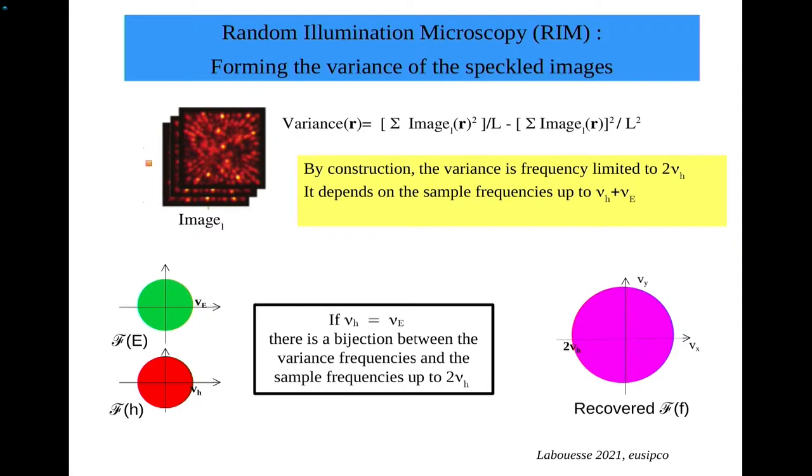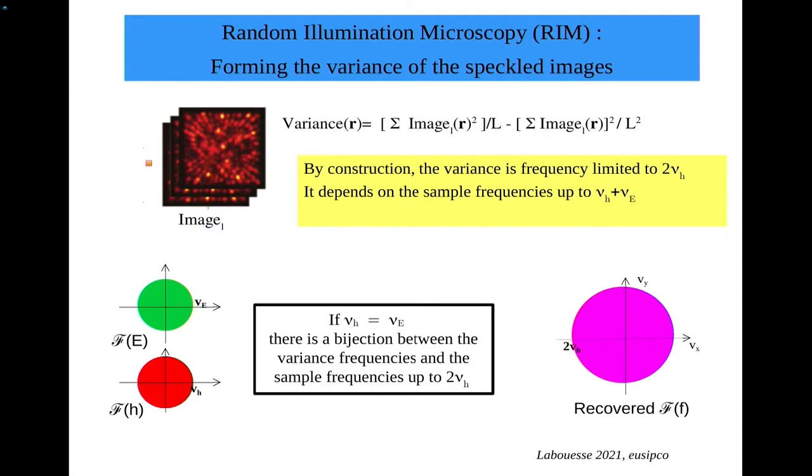We have this quadratic function between the variance and the sample, and we want to know if from this variance we will be able to recover the spatial frequency of the object up to a certain limit. So what is the problem we are confronted with?